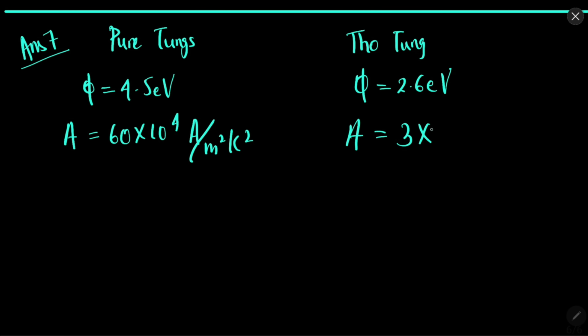Thoriated tungsten: phi is 2.6 eV, A is 3 into 10 to the power 4. Now I is equal to A S T square e to the power minus phi over KT.